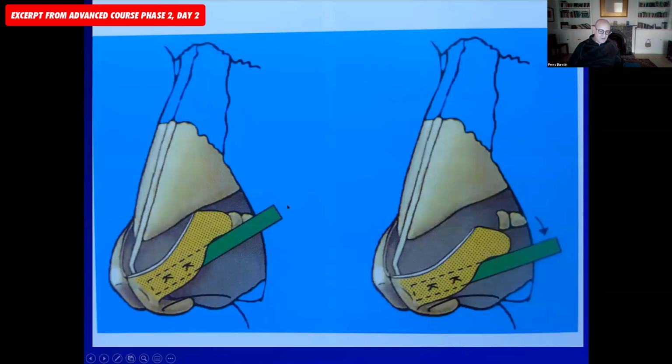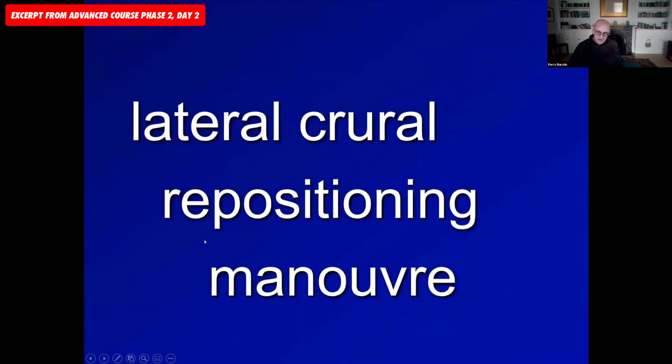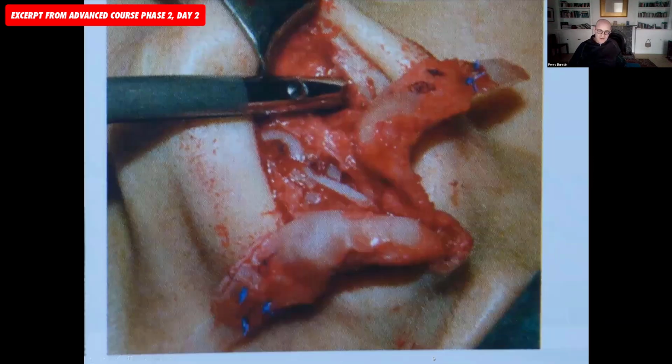There's also what's called a repositioning manoeuvre. It's a more aggressive manoeuvre. What we're doing is, these are cephalically oriented cartilages, which are pointed that way, and they're sucking in. And so we're doing what's called a lateral crural repositioning manoeuvre. We're lifting out the cartilages. It's quite aggressive. We're lifting them out completely. We're putting a strut graft, tunneling that in at a lower position.